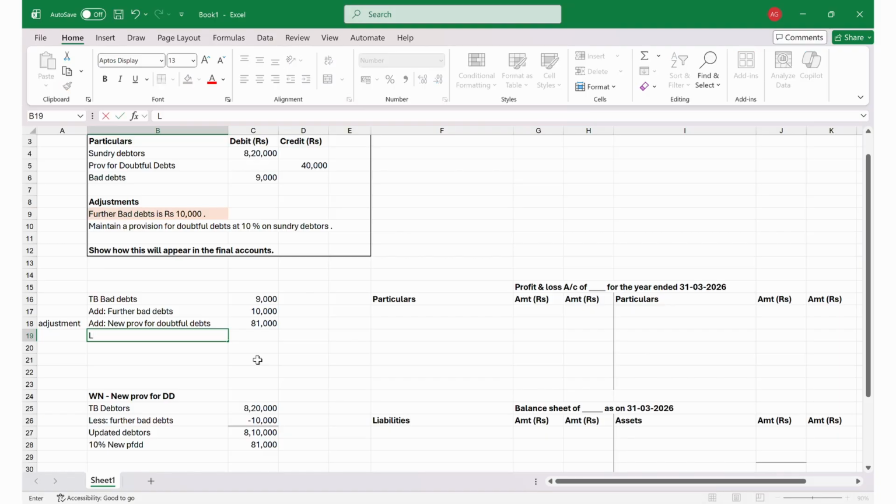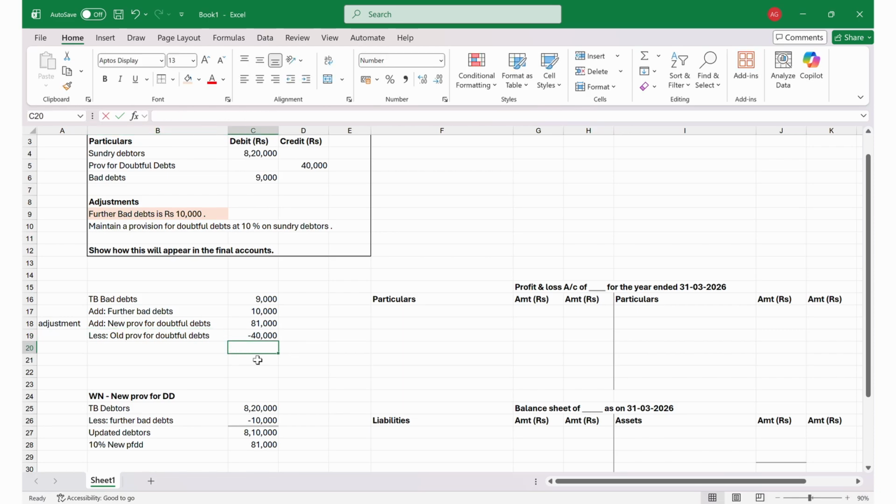Okay, next, the last number is old provision for doubtful debts. This old provision for doubtful debts is to be subtracted. Whatever is the trial balance amount, 40,000, that has been subtracted. Now what is the net balance? The net balance is 60,000. It doesn't matter whether we get 60,000 or 50,000. What matters is whether the number is positive or negative.